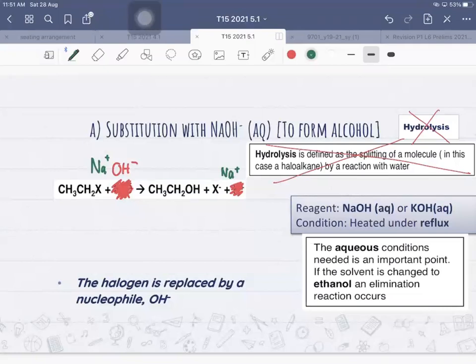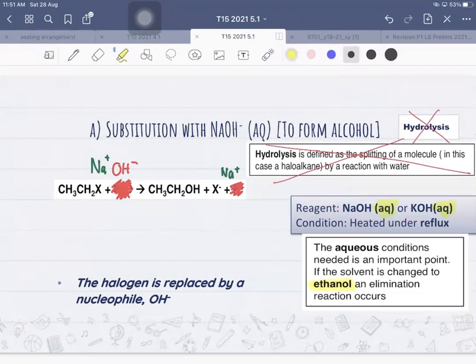As I said just now, you can use aqueous sodium hydroxide or potassium hydroxide. Please make sure you label the aqueous state, because this is important, because there is another reaction of halogenoalkanes with your sodium hydroxide. However, the solvent is not aqueous. The solvent is ethanol.